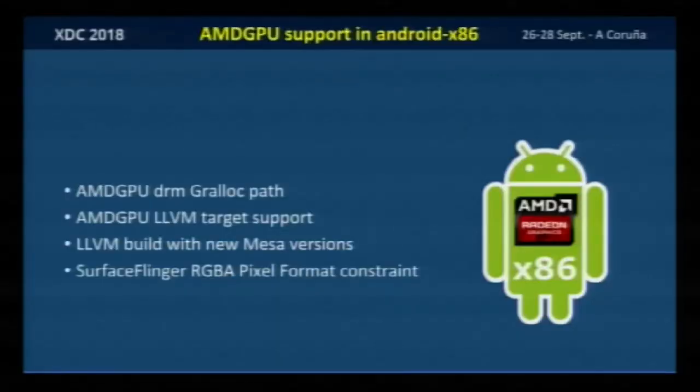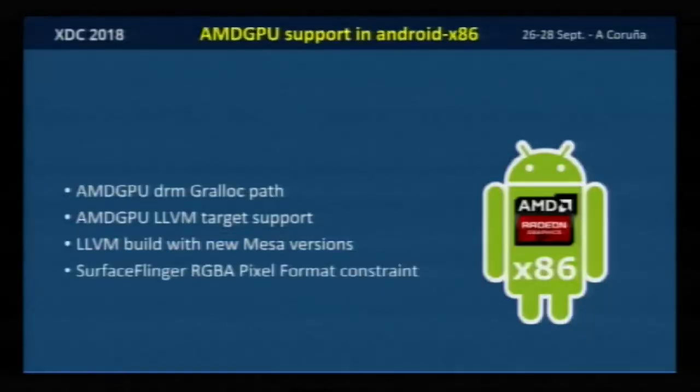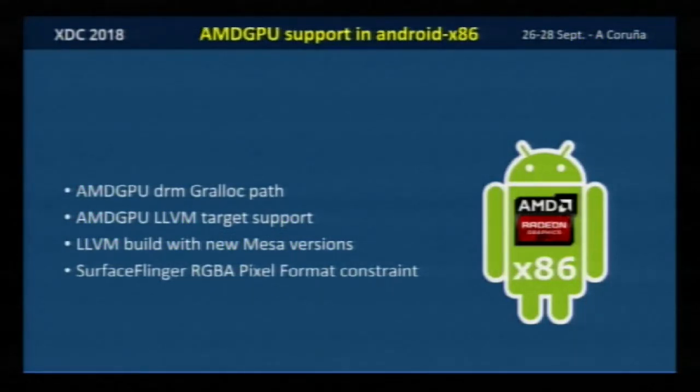So moving now, I will go more quickly. In order to bring AMDGPU support, the main requirement is to have an LLVM version which is compatible with the constraints of Mesa. And one important thing is that SurfaceFlinger has an RGBA pixel format constraint.